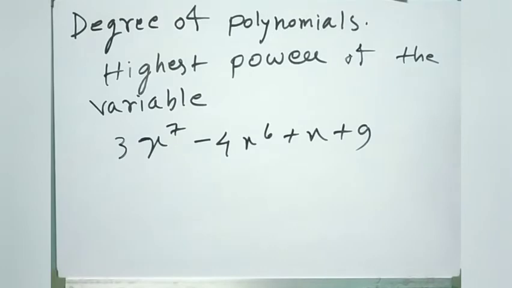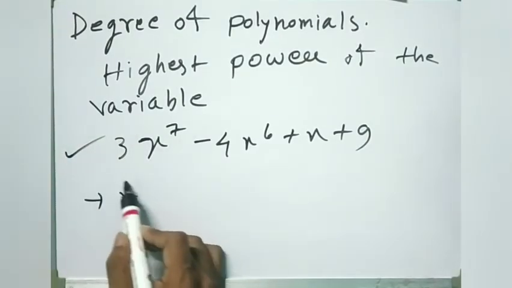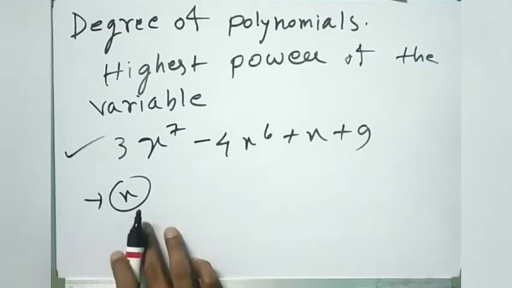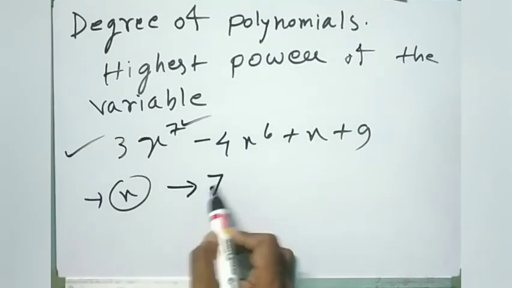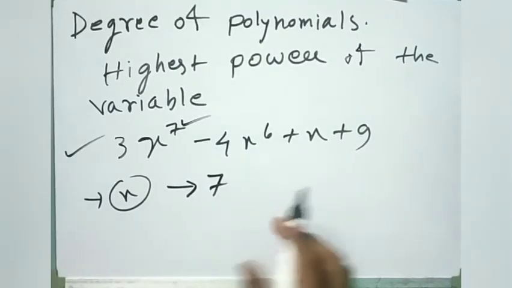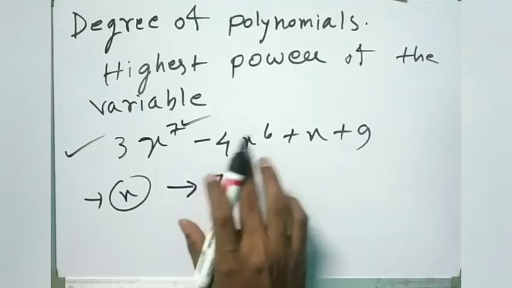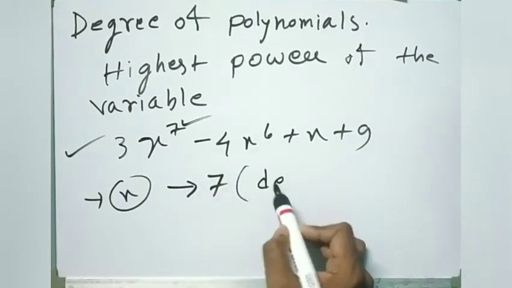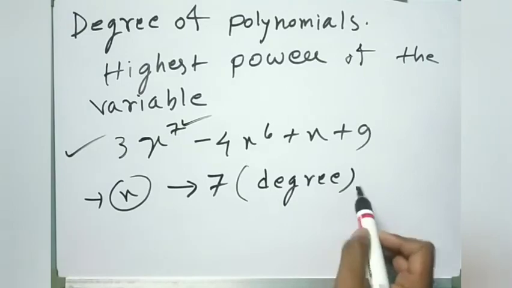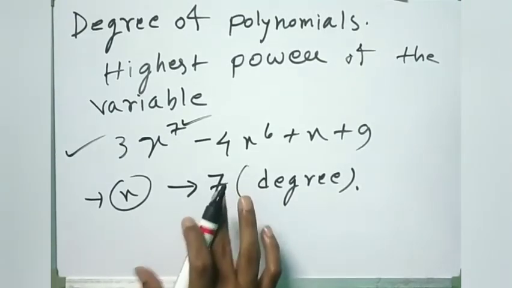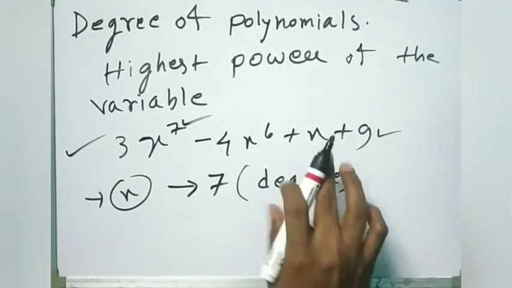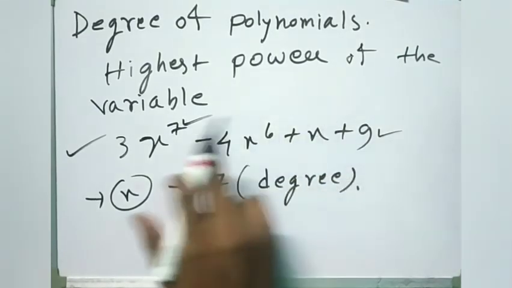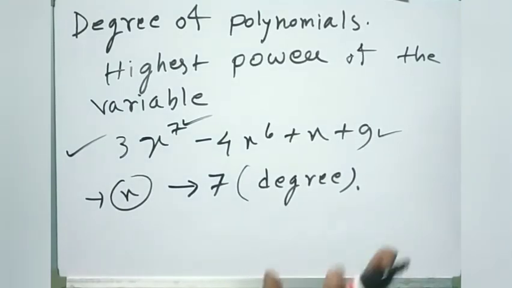What is the variable in this expression? The variable is x. The highest power of x in this expression is 7. So we can say that the degree of this expression is 7. The highest power of the variable is called the degree of the polynomial. The variable is x and the highest power of x is 7, so that's why the degree is 7.